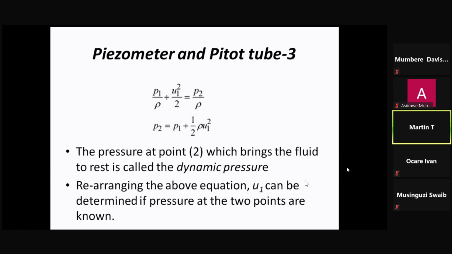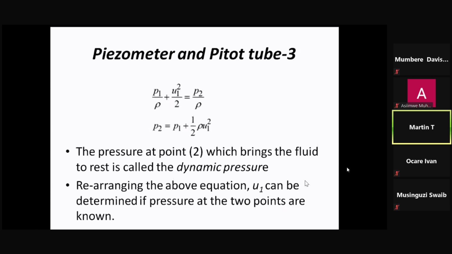So this shows that if we are able to measure pressure at point 2 and also at point 1, and the density is known because that is the density of the fluid whose velocity you want to determine, then we can determine the velocity V1 at that point in the fluid.